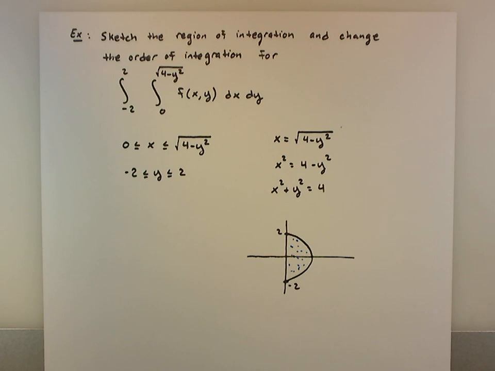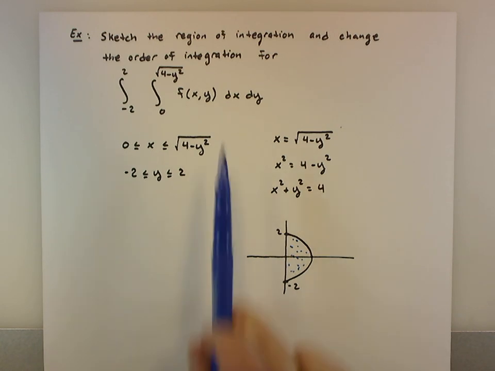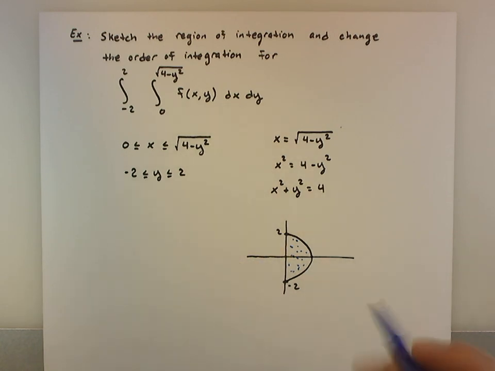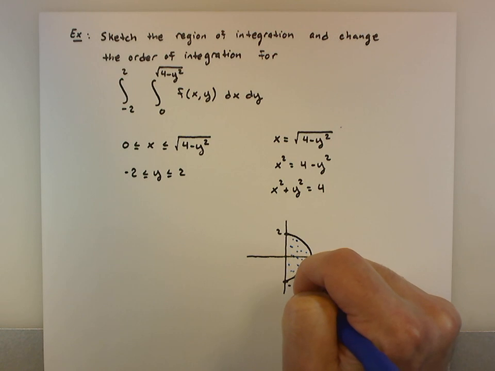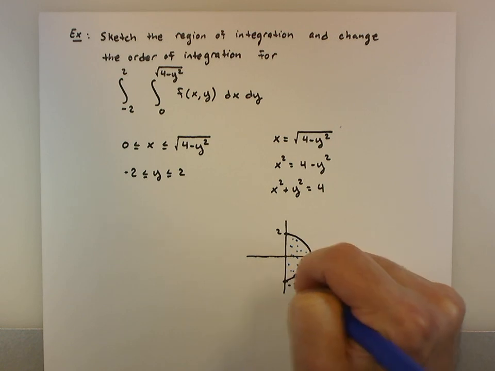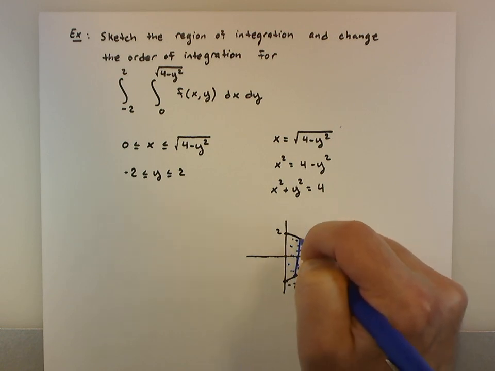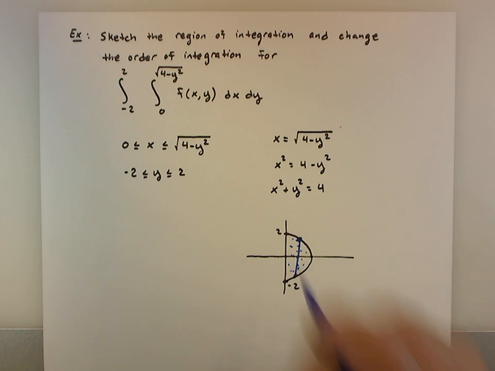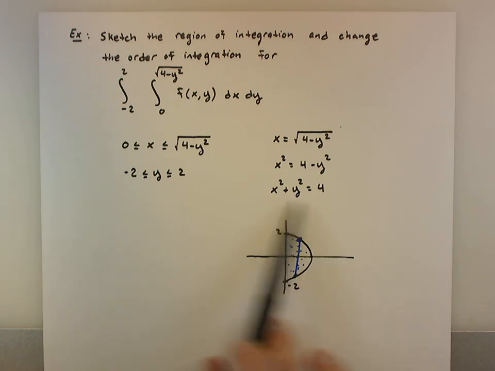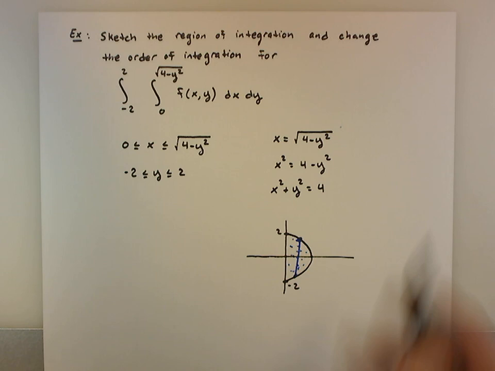Since I want to change the order of integration, I want dy dx, so I want y to go from this bottom upward, and I'm going to keep the x constant. So if I have this equation, I want to solve for y.